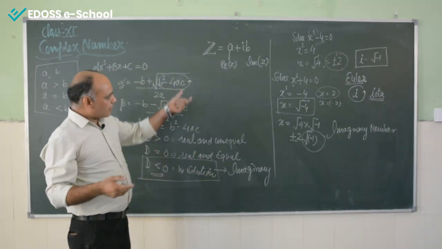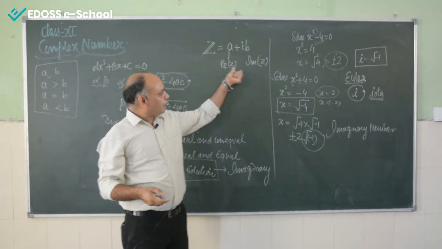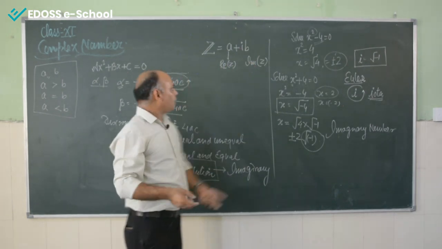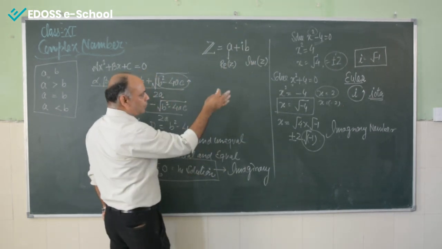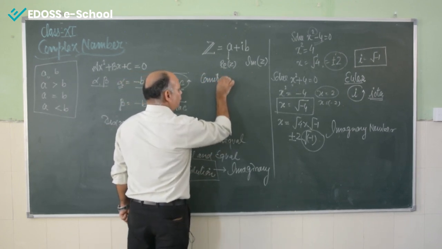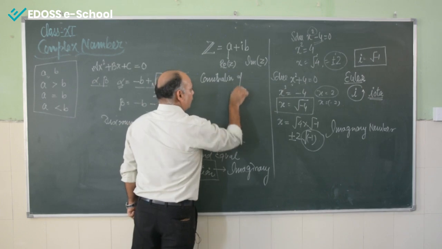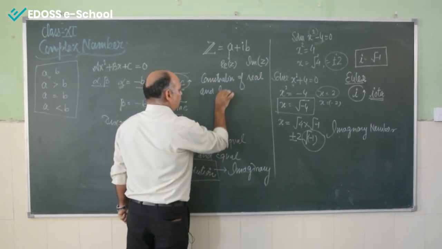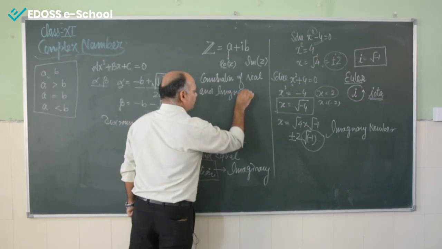Then by this conclusion, real numbers and imaginary numbers are parts of the complex number. Then what can we say? We can say the complex number is a combination of real and imaginary number.